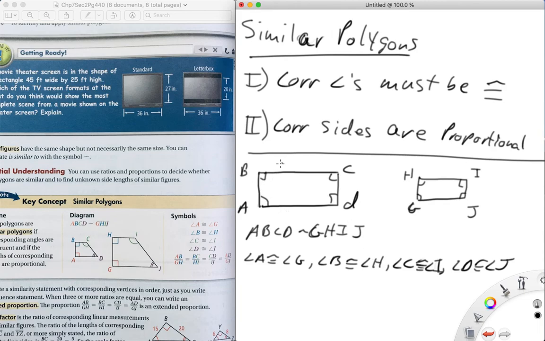So let's call this big. Let's call that small. So we're going to do proportions with the big side in the numerator and the small corresponding side in the denominator. So on the left hand side we have AB, its corresponding side is GH. That's going to be equal to BC up top and its corresponding side HI.